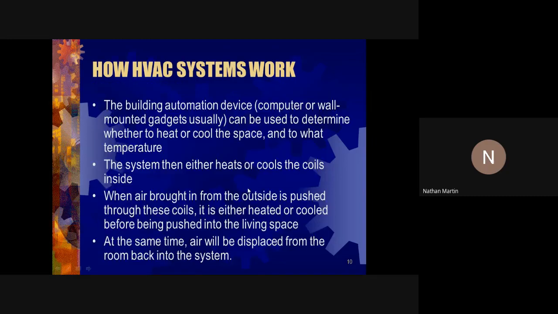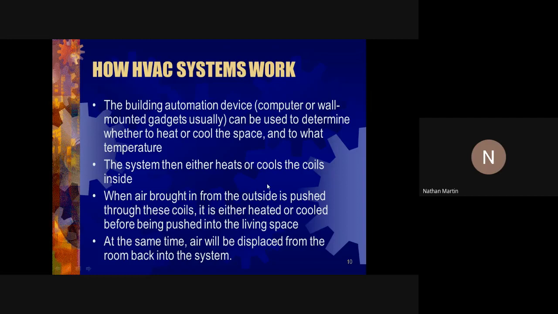Now, basically, this is your lowdown or your information on how the system works, right? First of all, the building automation device, such as your wall-mounted control or a computerized control, will be used to determine whether to heat or cool the space. So we're talking about our climate control, right?